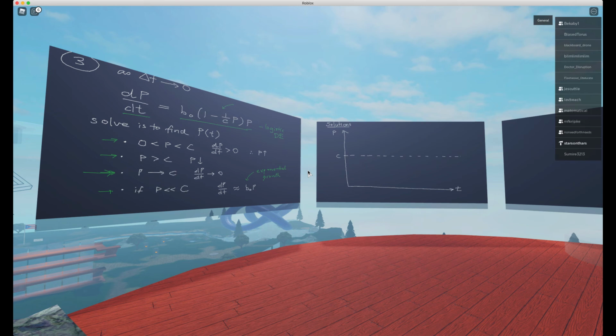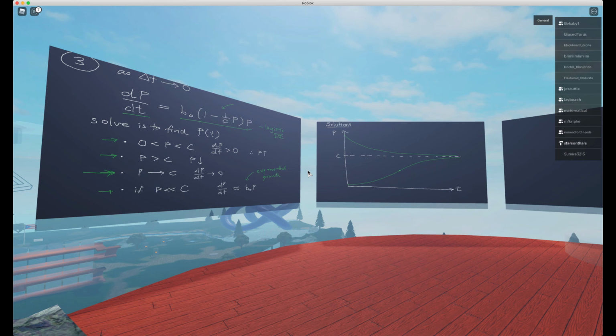And I'll draw a few different solutions in different colors. So let's consider a solution in green which starts with a low population, so that's a population less than C. Its initial growth will look like exponential growth, and then it tips over at some inflection point and approaches the carrying capacity. Whereas if it starts above the carrying capacity, it will just decrease to the carrying capacity.